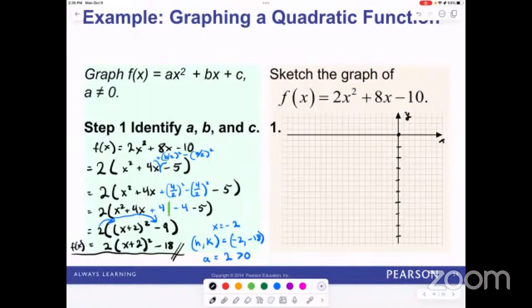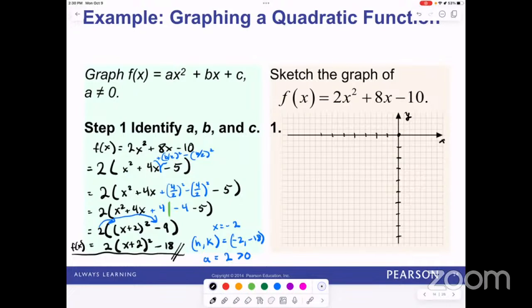I think we said it opens upward. And then on the x-axis, negative 2. I think that would be my negative 1. That's my negative 2. I think that's 3, 4.